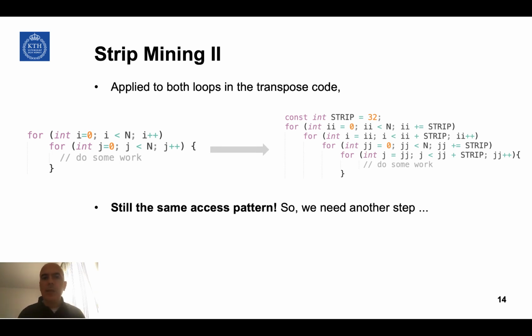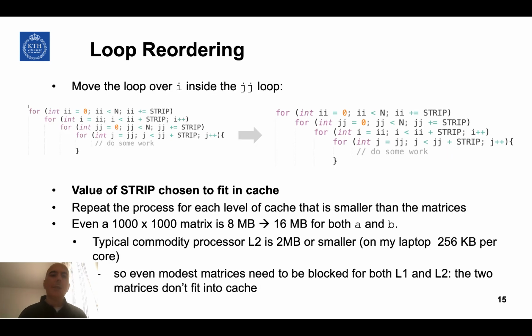We need one extra step, and this extra step is the loop reordering. What we're going to do is move the loop over I inside the JJ loop. So we take this loop here and simply reorder. This will allow us to actually have our tiling when we do the loop.